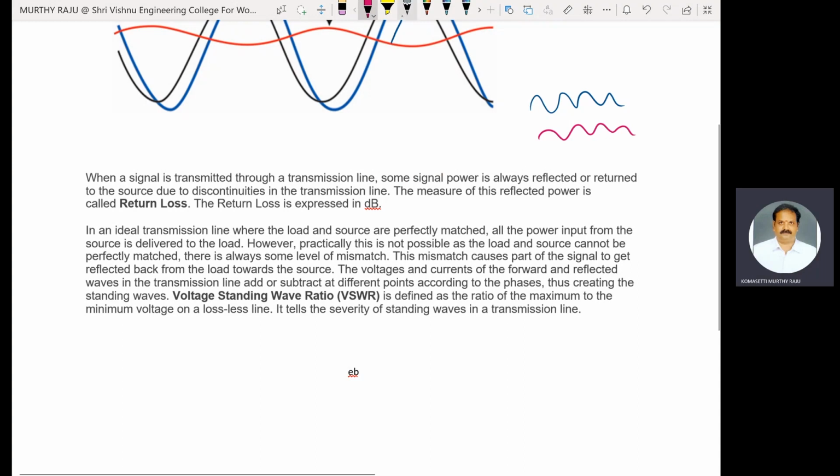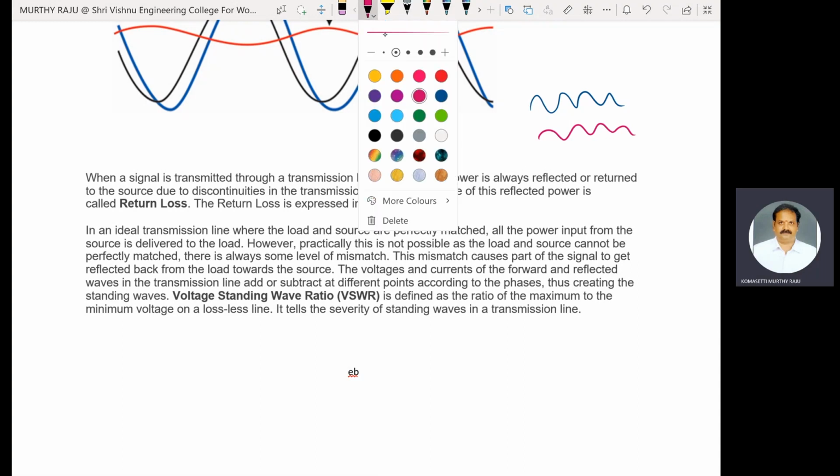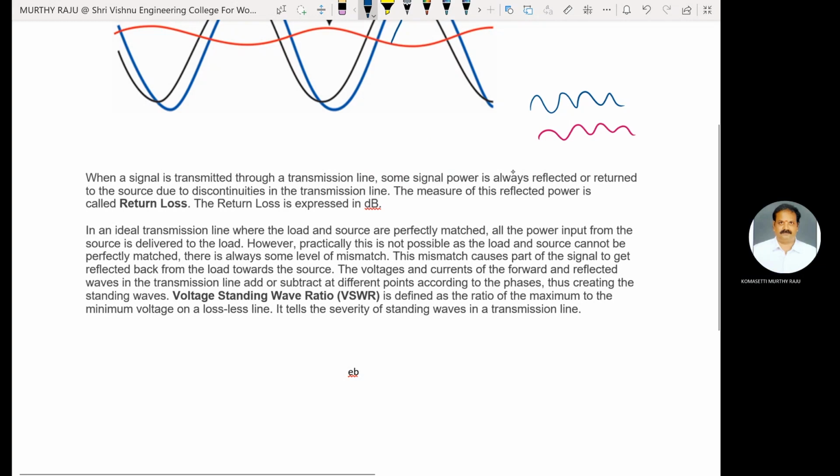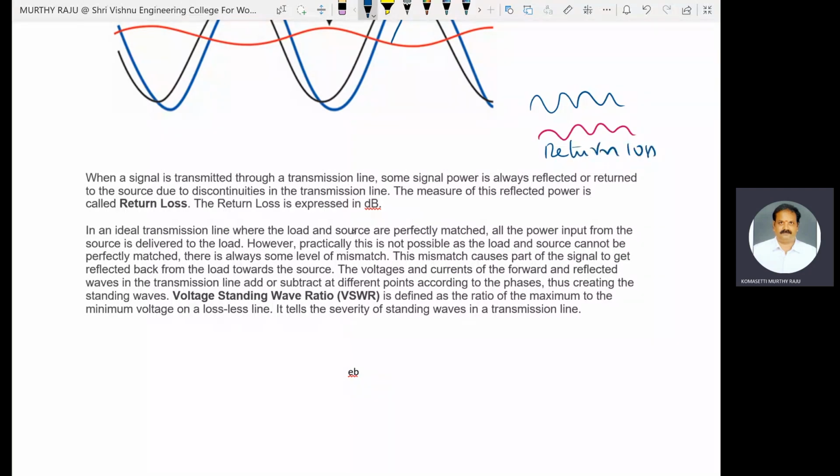Some signal power is always reflected and returned to the source due to discontinuities in the transmission lines. The measurement of this reflected power is called return loss. The return loss is expressed in dB.